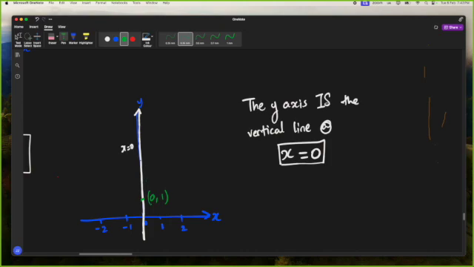This point here is 0 on the x, 5 on the y. This point here is 0 on the x, 10 on the y. So no matter what the y value is, on the y-axis, the x value will always be 0. So the y-axis is the vertical line x is equal to 0.